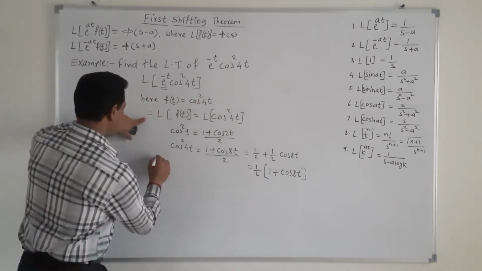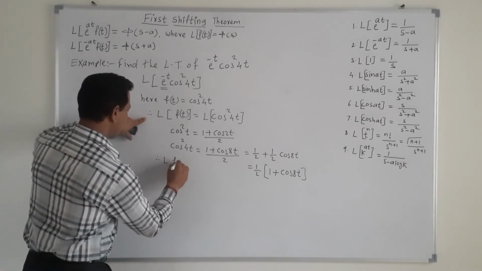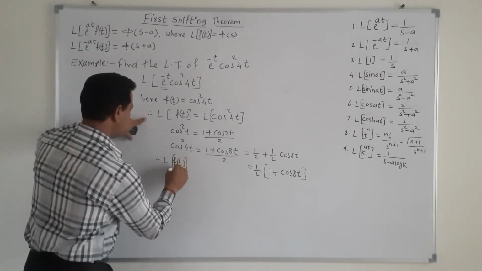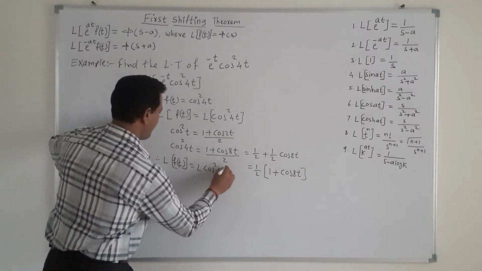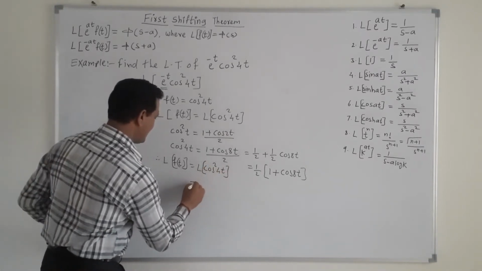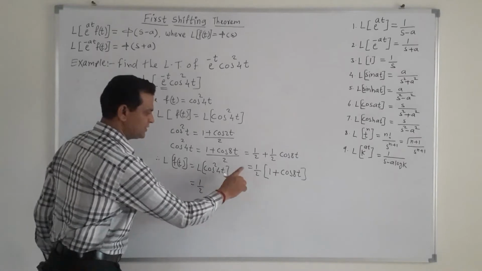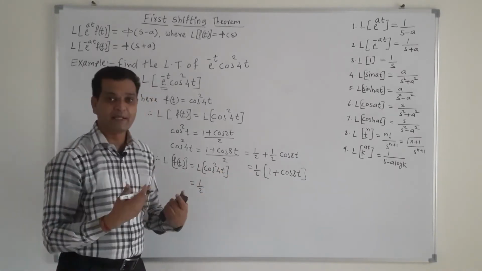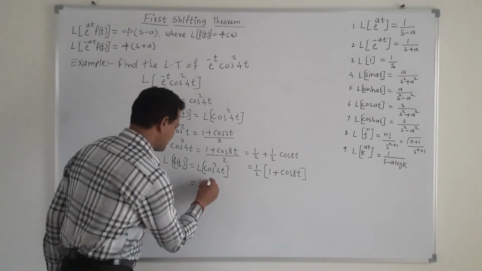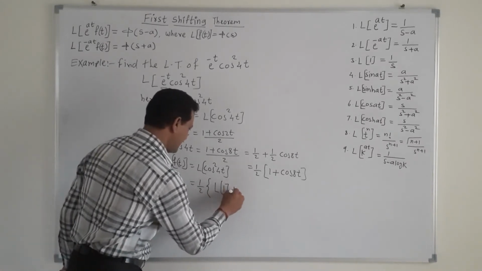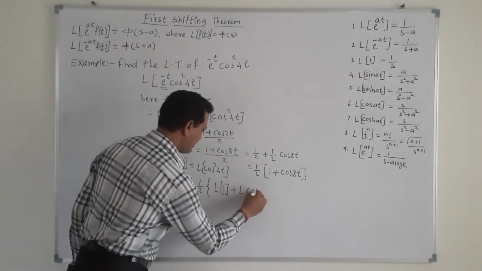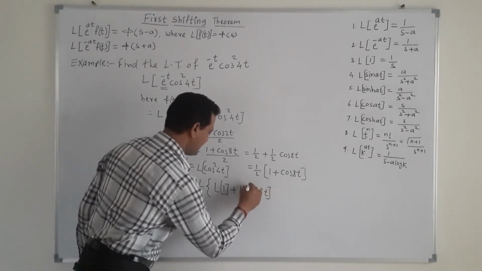Therefore, the Laplace transformation of f of t is equal to the Laplace transformation of cos square of 4t. We can write this as 1 upon 2, which is a constant, and if we apply the linear property of the Laplace transformation, we get the Laplace transformation of 1 plus the Laplace transformation of cos of 8t.